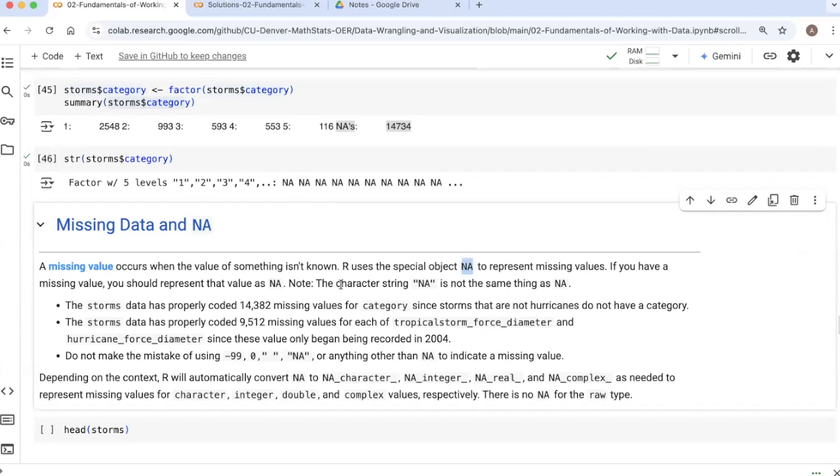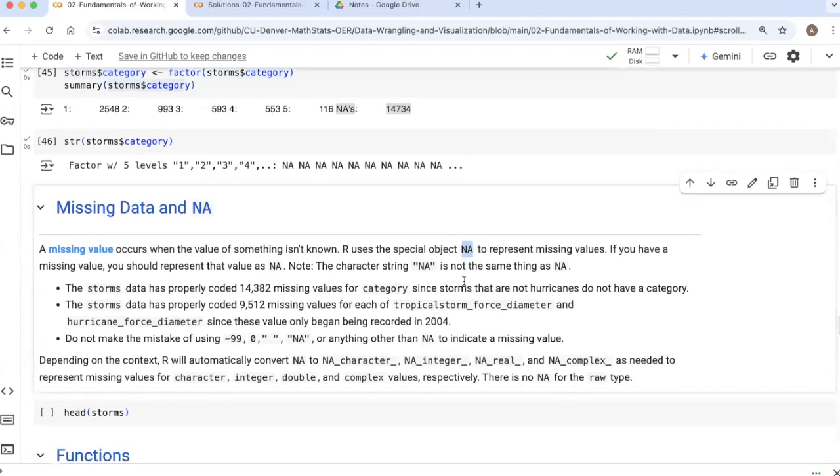It might be due to practical reasons like, hey, we didn't have the instruments to measure the diameter of storms until 2004. It might be due to user error, like someone forgot to record a value. There could be all sorts of reasons why we have missing data, but how we encode that missing data in R should be with an NA value.